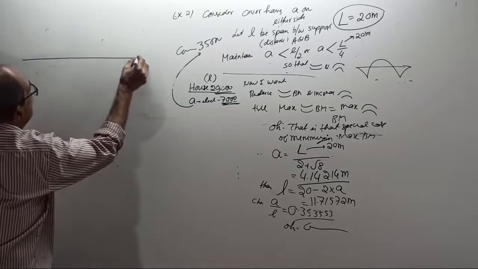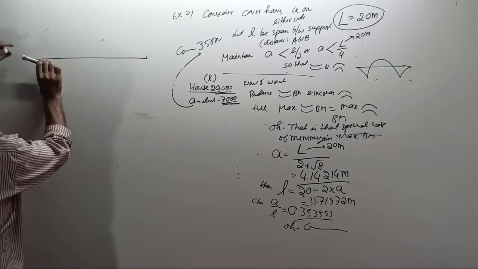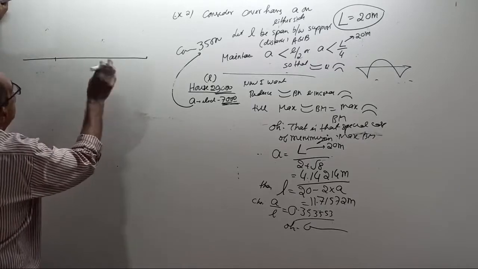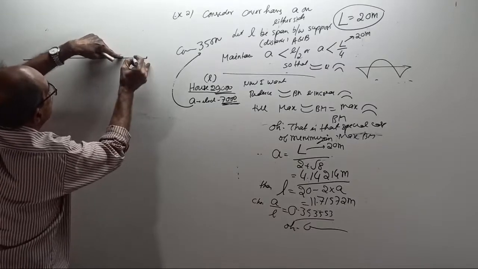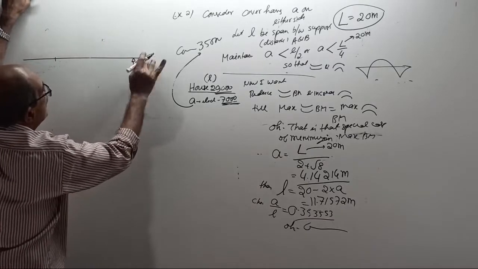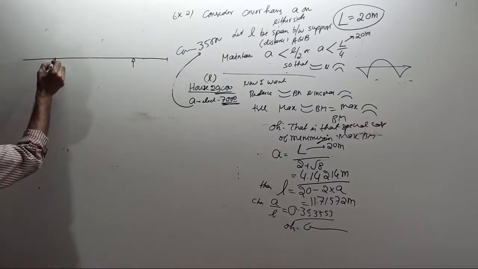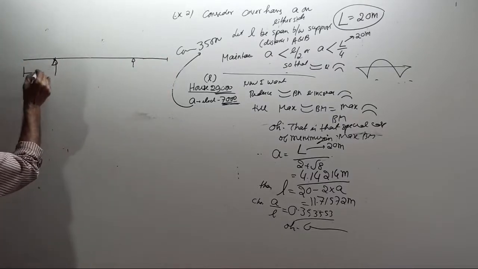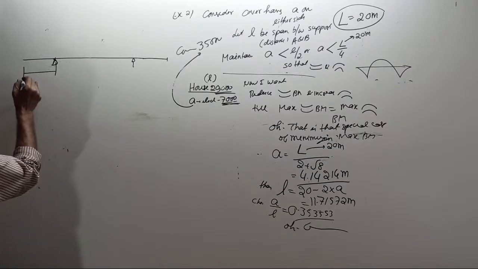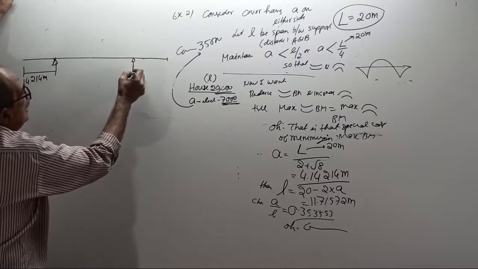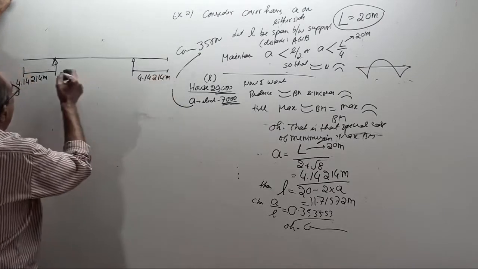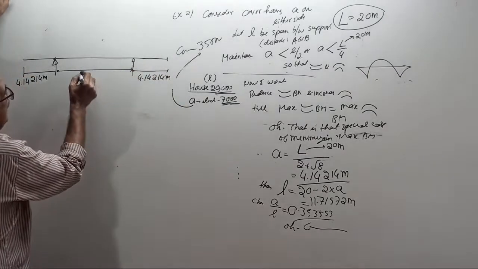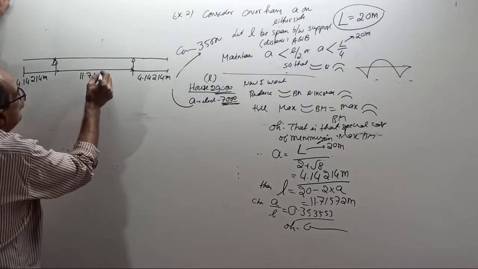Beam of span 20 meter, overhang is, see, not 5, a little less, 4. Slightly more than that. Look here, like this. Now the overhang is 4.14214 meter, and the span between supports is 11.71572 meter.